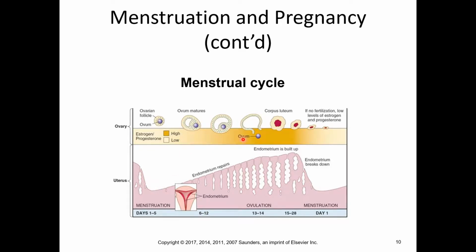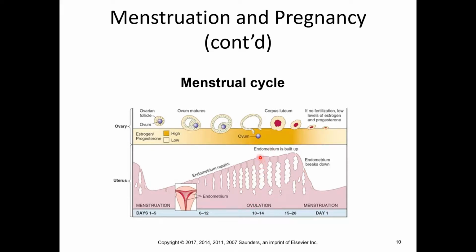Estrogen and progesterone levels slowly increase as the ovarian follicle matures, and the endometrium repairs itself and gets thicker and thicker and thicker. At the day of ovulation, roughly day 13-14 here, the ovarian follicle ruptures, the ovum moves out into peritoneal fluid. Progesterone and estrogen levels are at some of their highest.